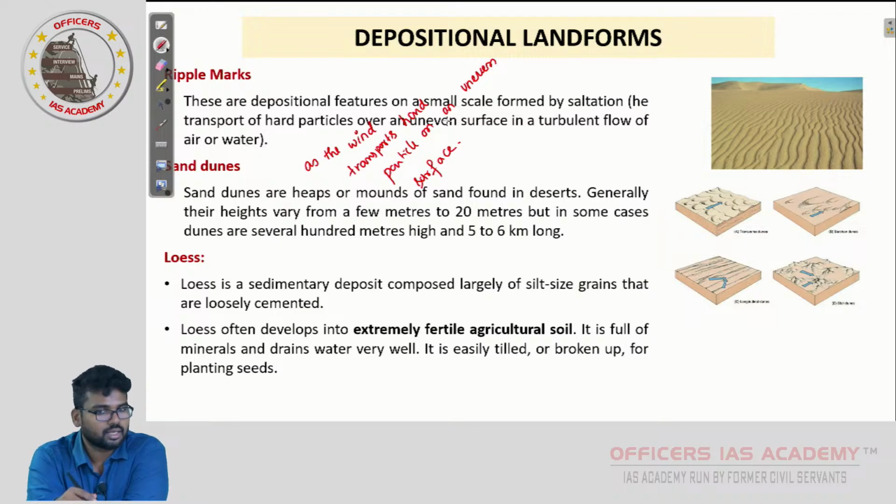See, this kind of thing we can also see in ground, let us say bare ground where the wind is flowing. Sometimes we can notice such kind of ripple marks in normal grounds or bare grounds where the grass is not there and soil is high. So this is one variety. Second is sand dune.